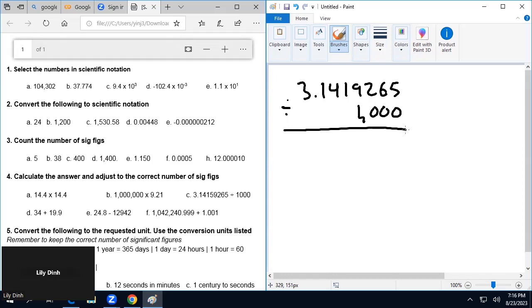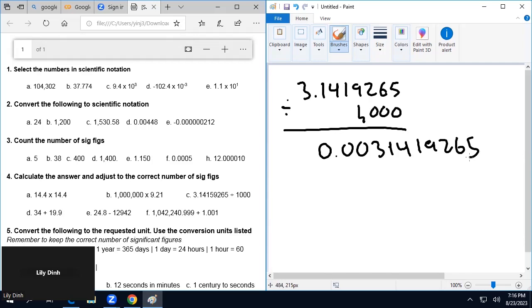What's the answer? It's 0.00314159265. So it's 0.003.